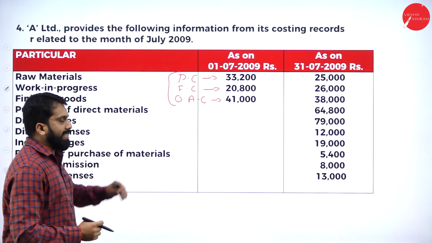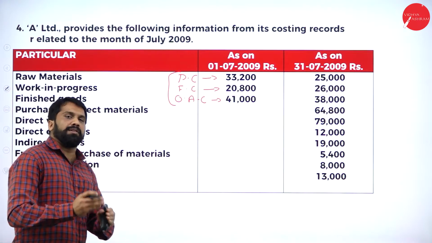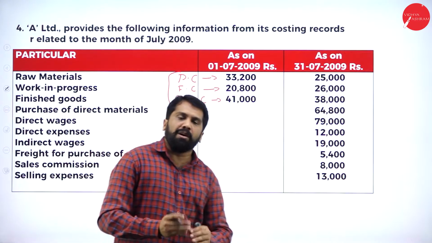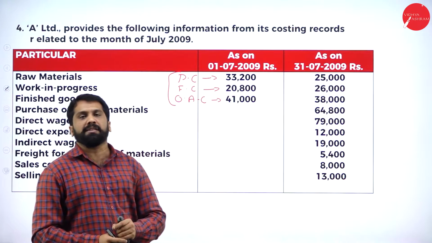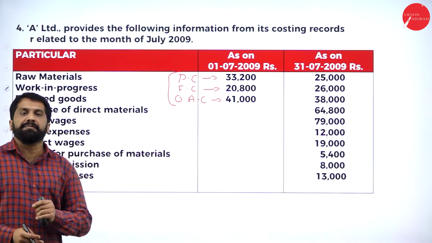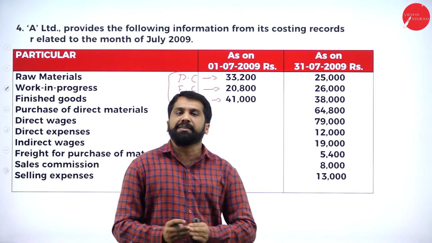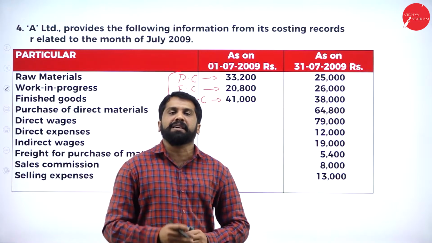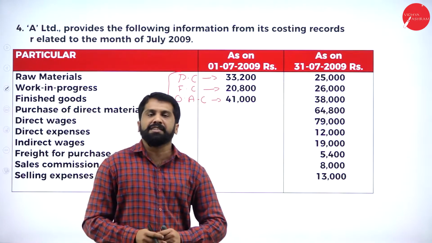Now everything is easy. We just have to bifurcate whether it will come under factory, office, selling and distribution, or prime cost. Anything which is related to direct will come under prime cost. Anything which is indirect expenses may come under factory, office or selling and distribution.